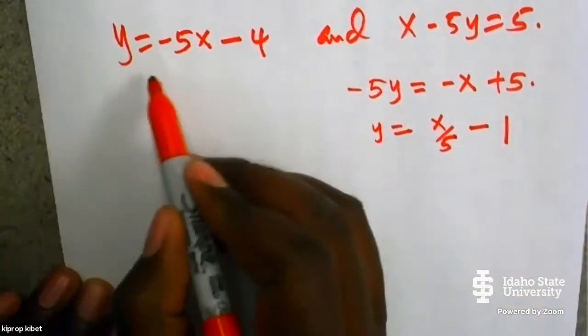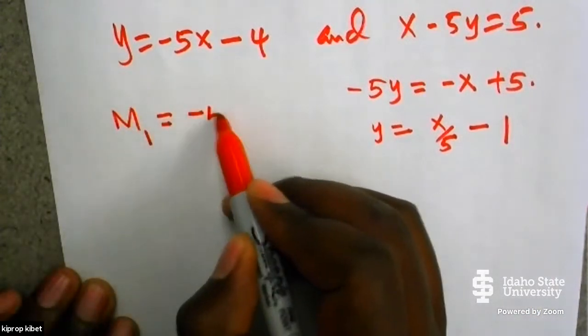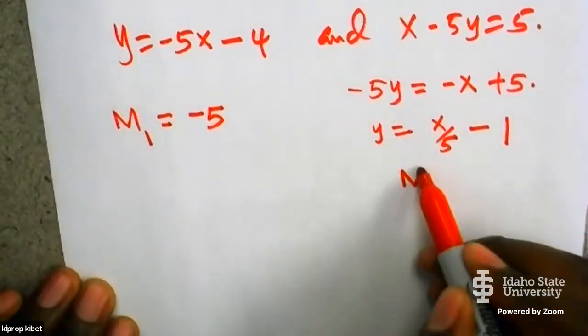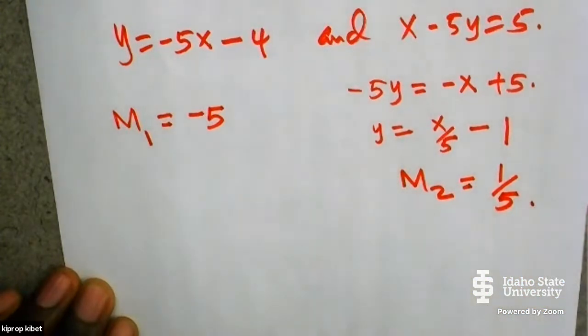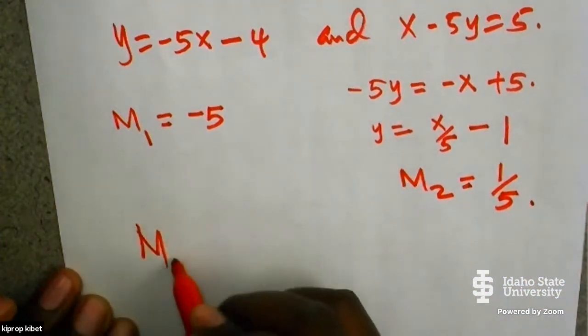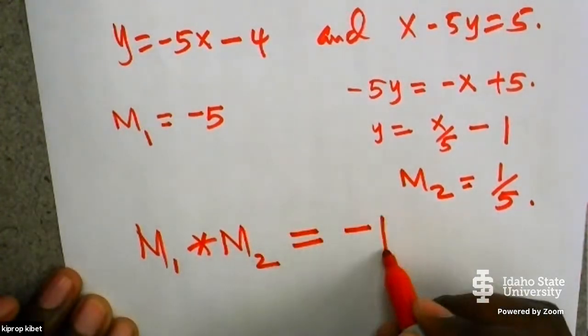So we have our m here. Let's say m1 equals -5, and m2 equals 1 over 5, right? So m1 multiplied by m2 should give us what? -1.